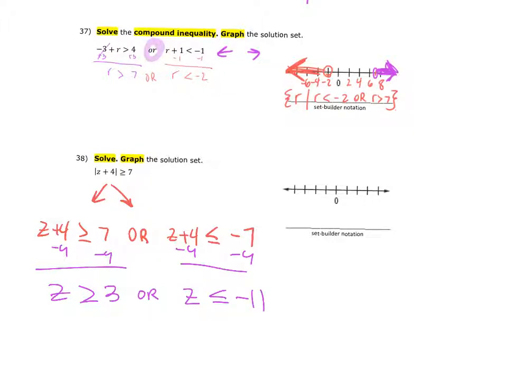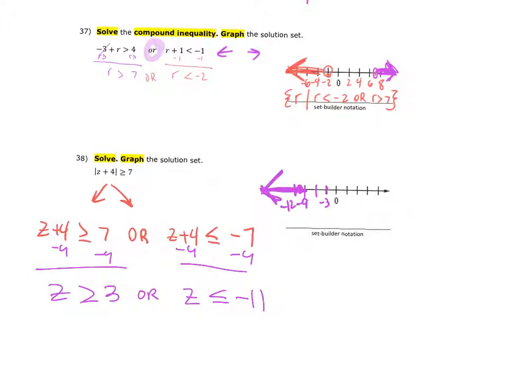So this number line that I provided for you is kind of difficult, so let's count by 3s. Negative 3, negative 6, negative 9, negative 12. Negative 11 would be right between negative 9 and negative 12, and it's a closed circle, and less than shades to the left.